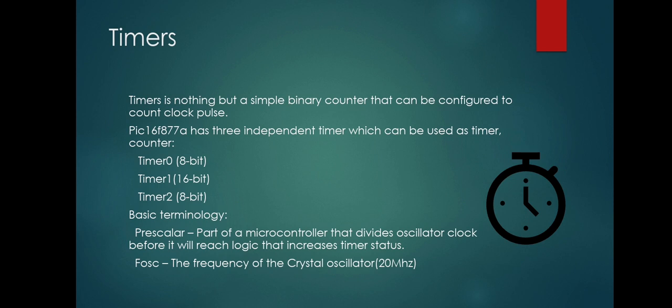Timer 0 is 8-bit, timer 1 is 16-bit, and timer 2 is 8-bit. Basic terminology regarding timers is prescaler. A prescaler is a part of the microcontroller that divides the oscillator clock before it reaches the logic that increases the timer status. Another terminology is FOSC, the frequency of the crystal oscillator, which is 20 megahertz.